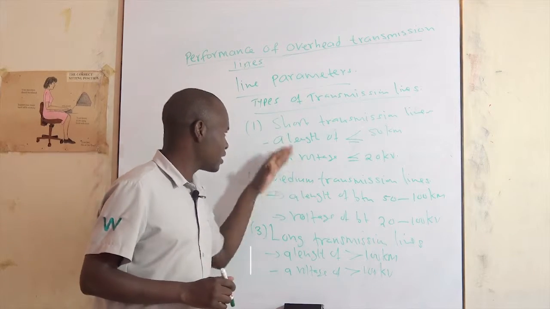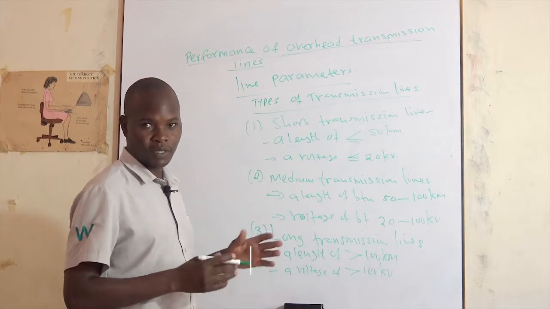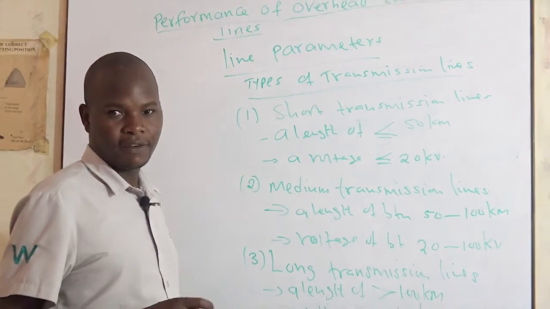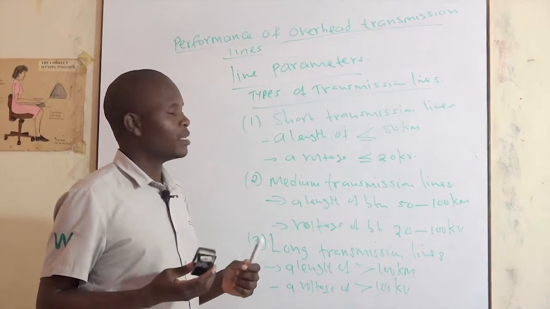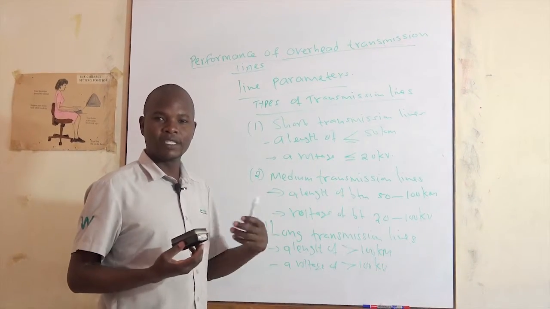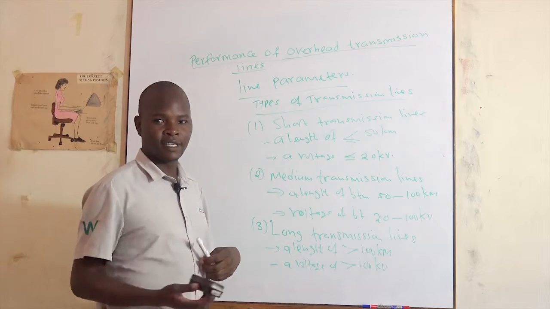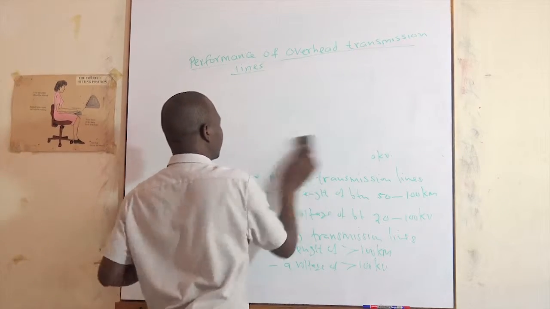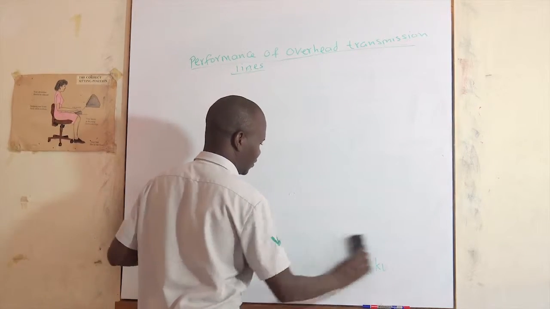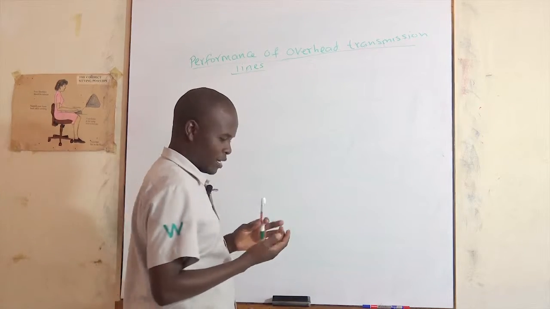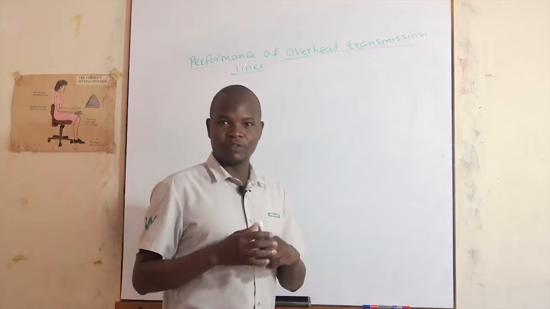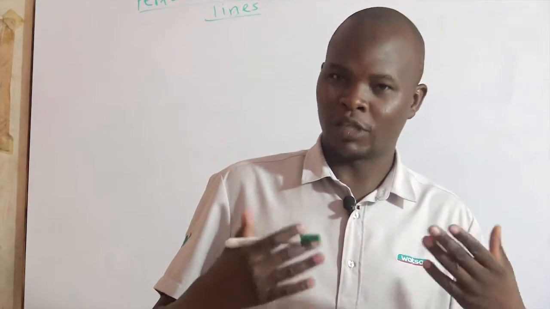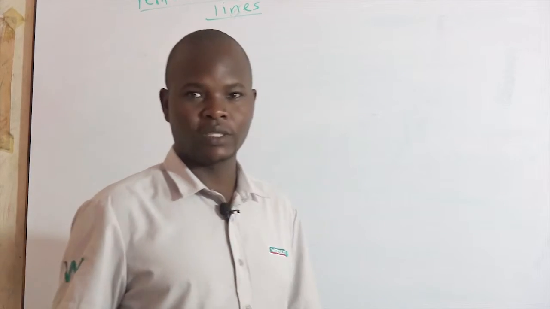After analyzing these three types of transmission lines, short, medium and long, now we can derive an expression to show the relationship between the voltage sent and the voltage at the receiving end. We want to derive an expression for the sending end voltage as well as the sending end power factor of a transmission line, but let us start with a short transmission line.